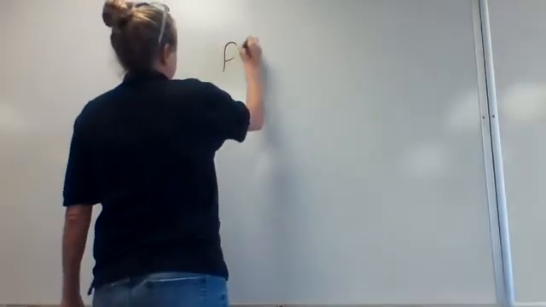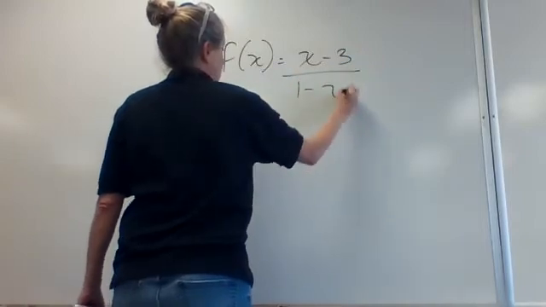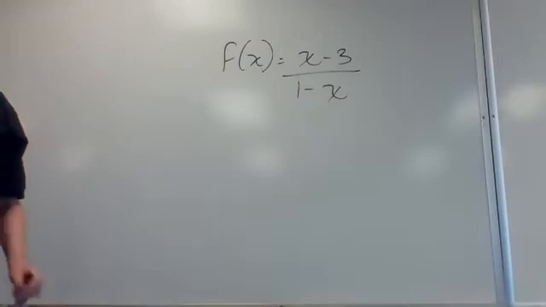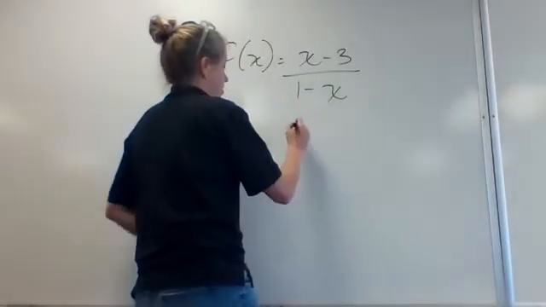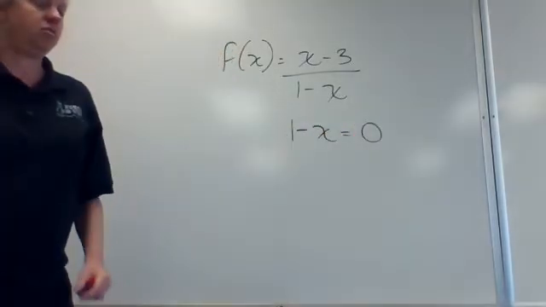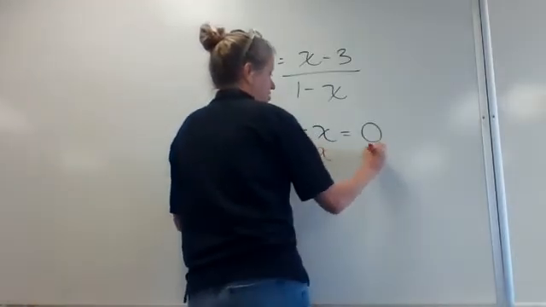F of x equals x minus 3 over 1 minus x. So again, finding the 0 of the denominator, 1 minus x equals 0. Solve it for x. I'm going to just do it in one step by adding the x to the other side.